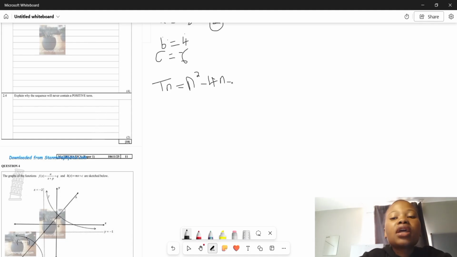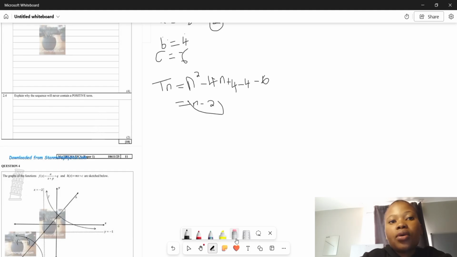What we are doing here is completing the square. So we're going to have (n minus 2) squared minus 10. So we have completed the square.